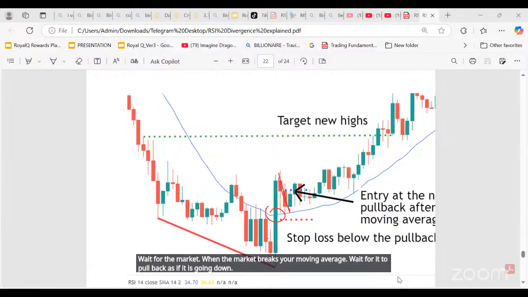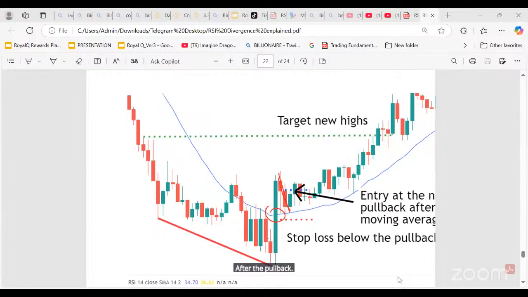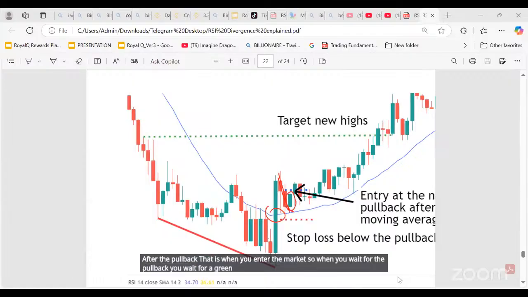After the pullback, that is when you enter the market. So when you wait for a pullback, you wait for a green candle to close above, that becomes the confirmation, then make your entry. Is that clear?